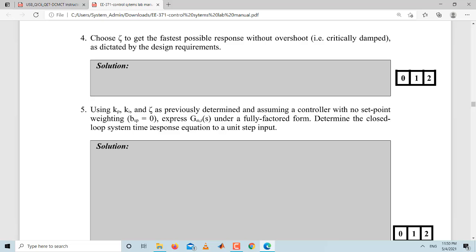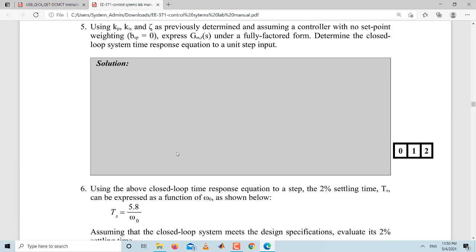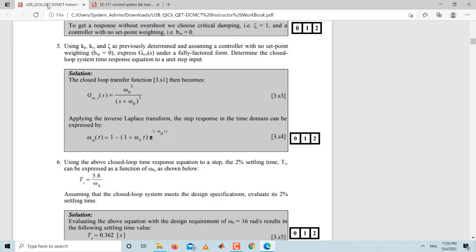Let's assume that there is no BSP. If we ignore that BSP, then you are required to express the transfer function of the same block diagram G omega R in fully factored form, considering that the unit step input is given.